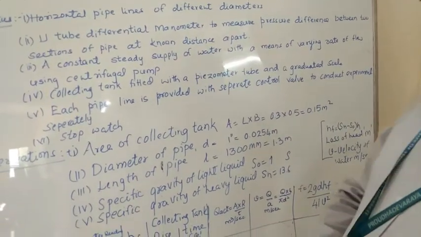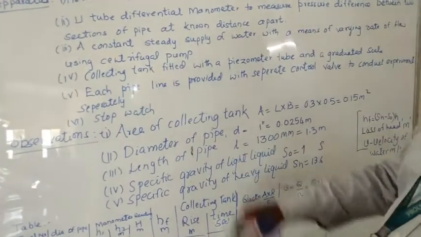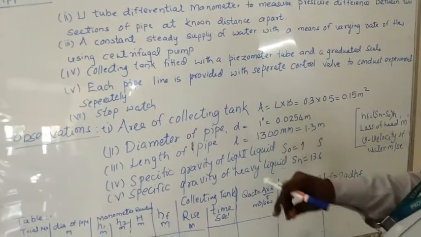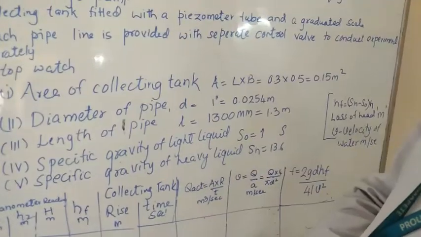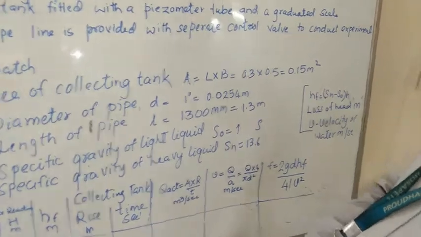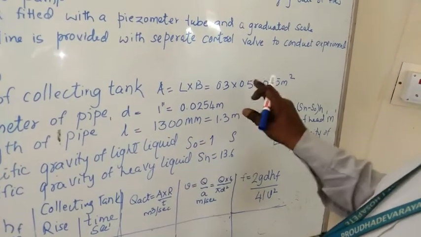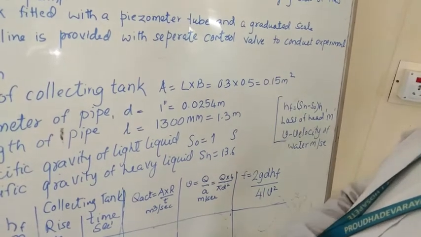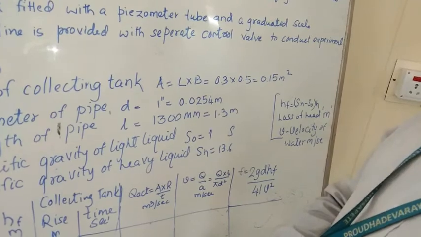Here are the observations. First we have to measure the area of the collecting tank. The area of the collecting tank, A, equals the surface area, L into B. L is the length, that is 0.3 meter, and the breadth is 0.5, so the surface area of the collecting tank is 0.15 meter square.